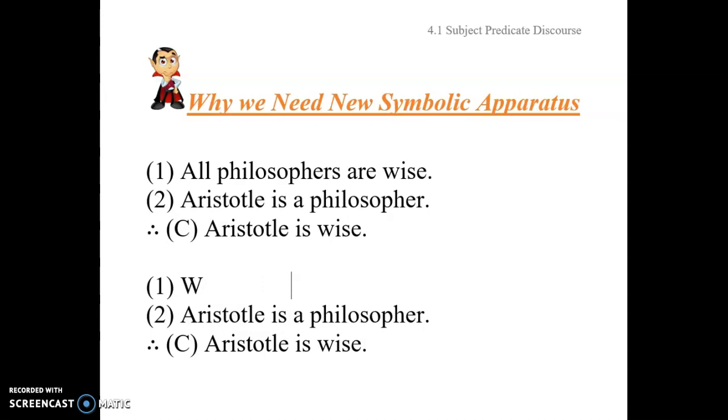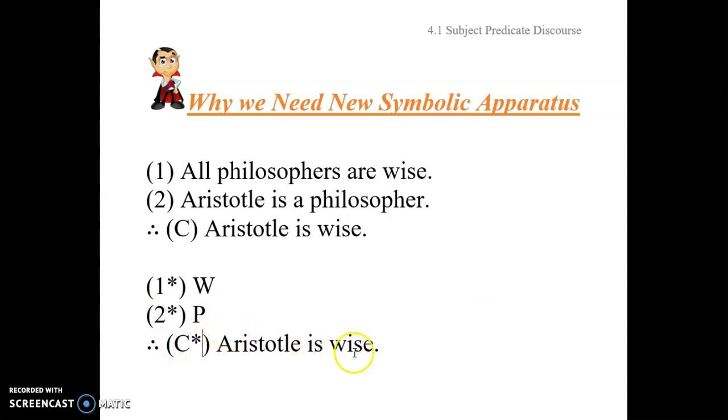If we have W as the first premise, so W is just all philosophers are wise, and Aristotle is a philosopher, we'll symbolize that with a capital P, and we'll symbolize the conclusion with the capital letter A. There are other ways you could do this.